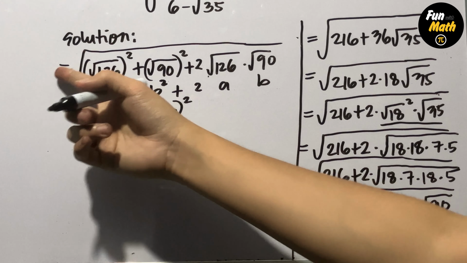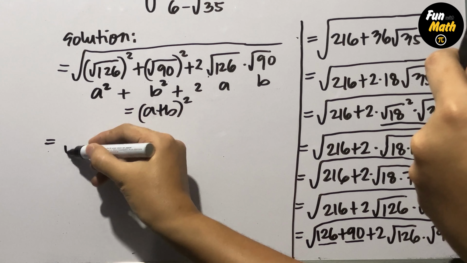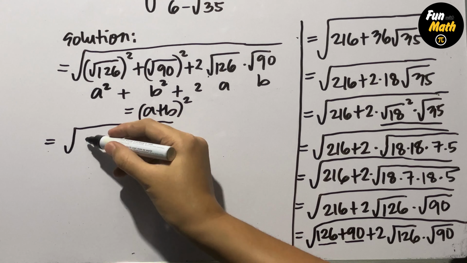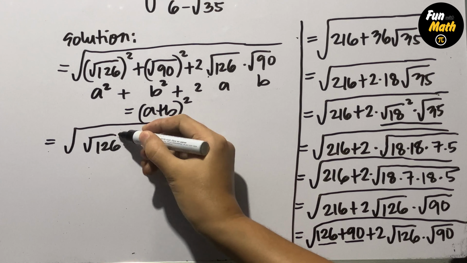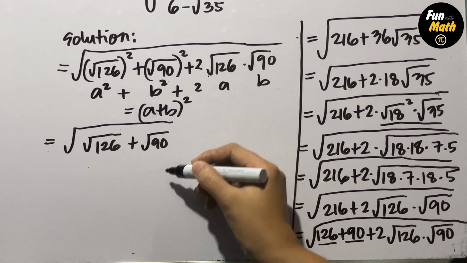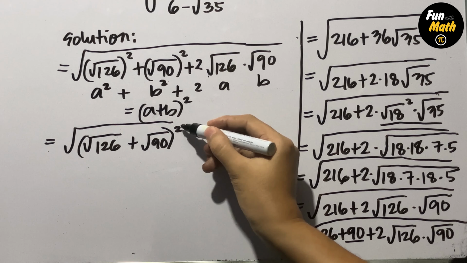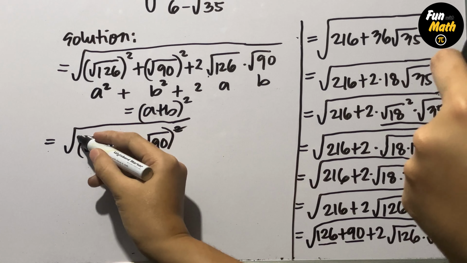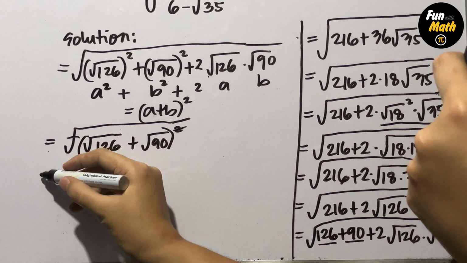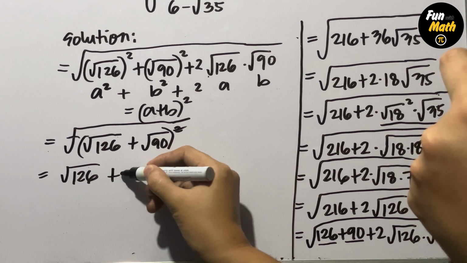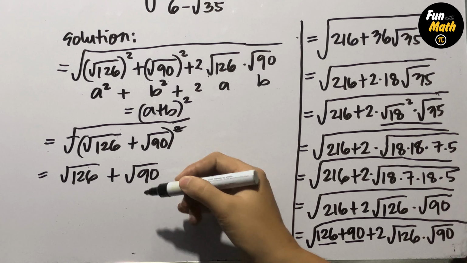So now this equals square root of a, that is square root of 126, plus b, square root of 90, whole to the power of 2. Now for this, we can cancel the square and the radical. So we're left with square root of 126 plus square root of 90.